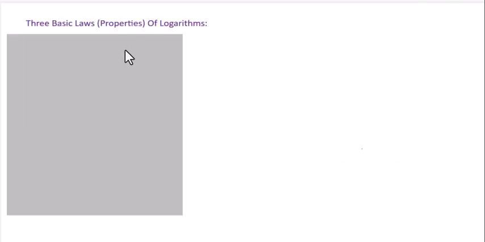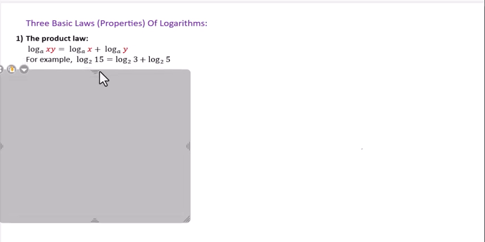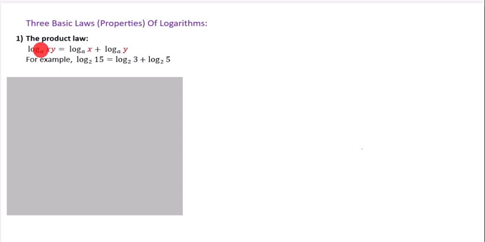In order to deal with logarithms, we have some properties or some laws. Now we're going to cover the 3 basic laws of logarithms, and let's start with the first one, which is called the product law. If I have a single logarithm, and the argument is a product of two factors, this single logarithm can be expanded and written as the addition of two logarithms.